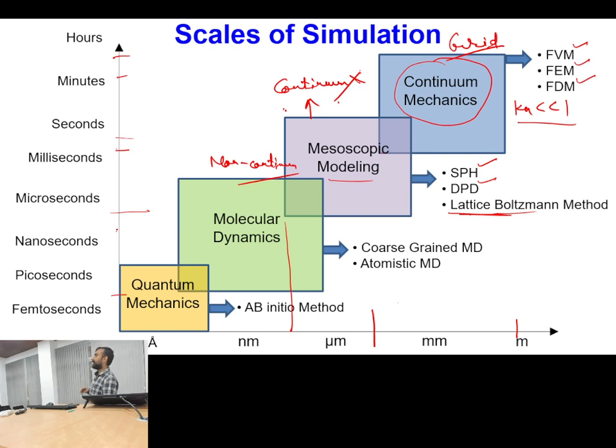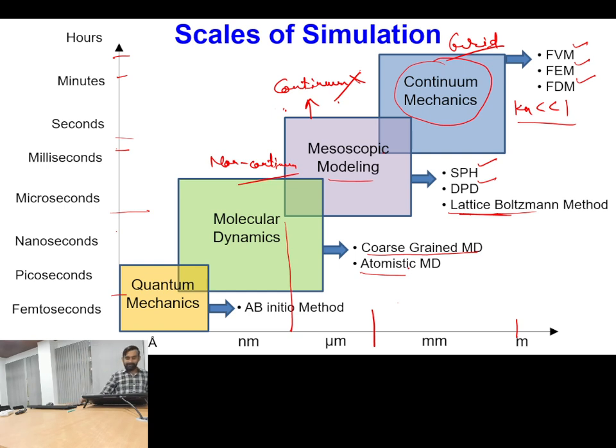In that scenario, you have to study the behavior of individual molecules. So there we go for molecular dynamics simulations, and there can be coarse-grained molecular dynamics simulation where you are looking at the behavior of all molecules, and some atomistic simulations also where you are interested in the fluctuation of charges within the atom itself.